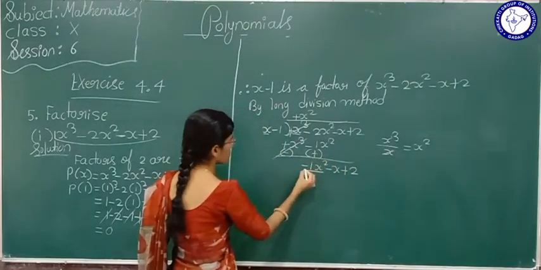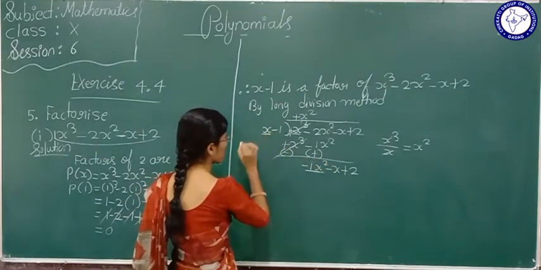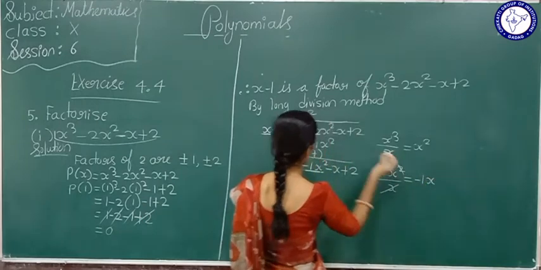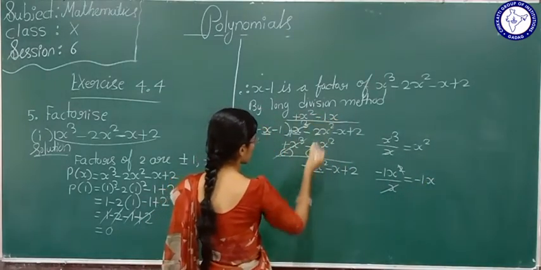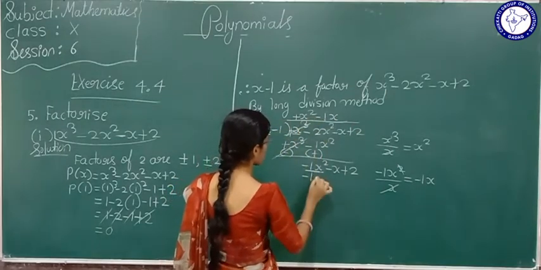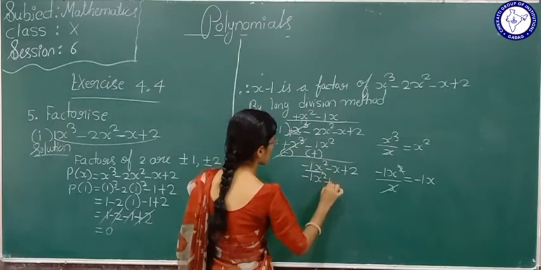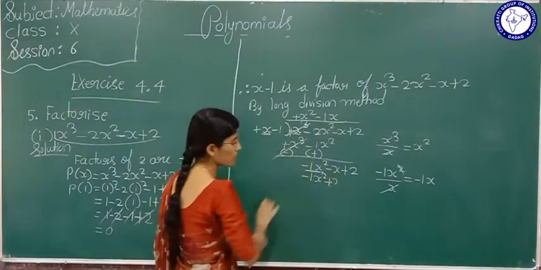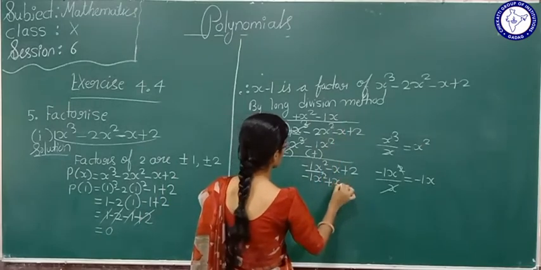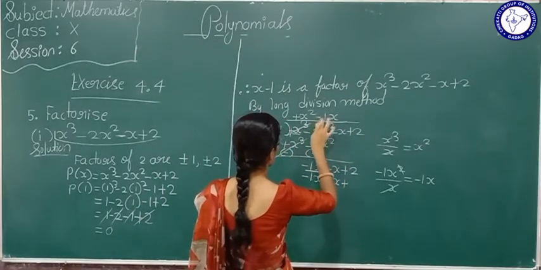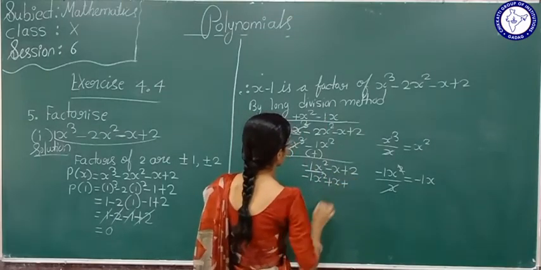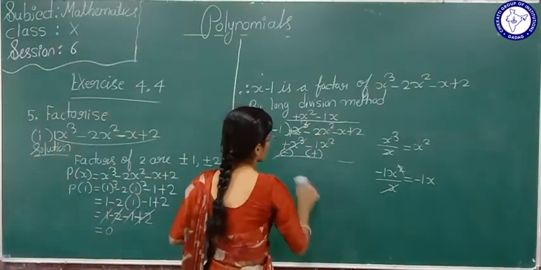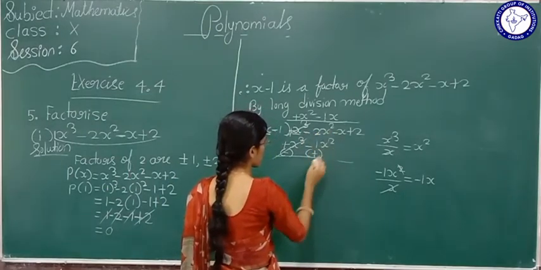Now divide the first term of the dividend by the first term of the divisor, that is minus 1x square by x. It will be minus 1x.